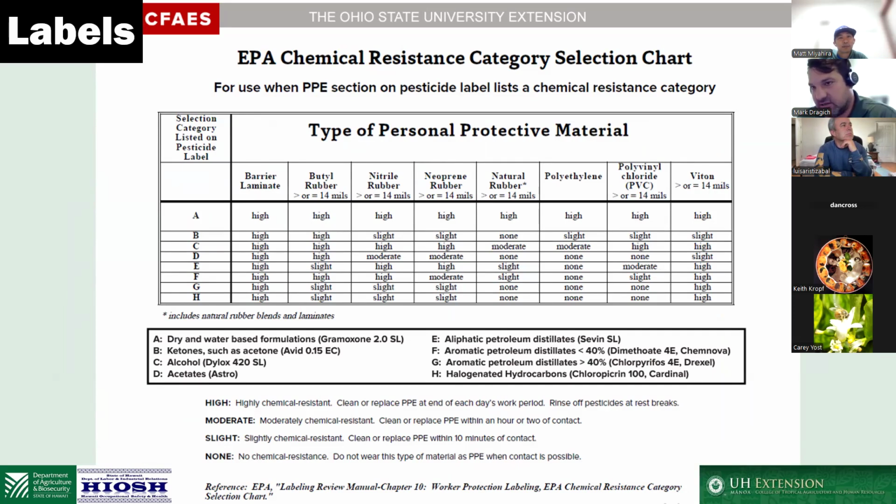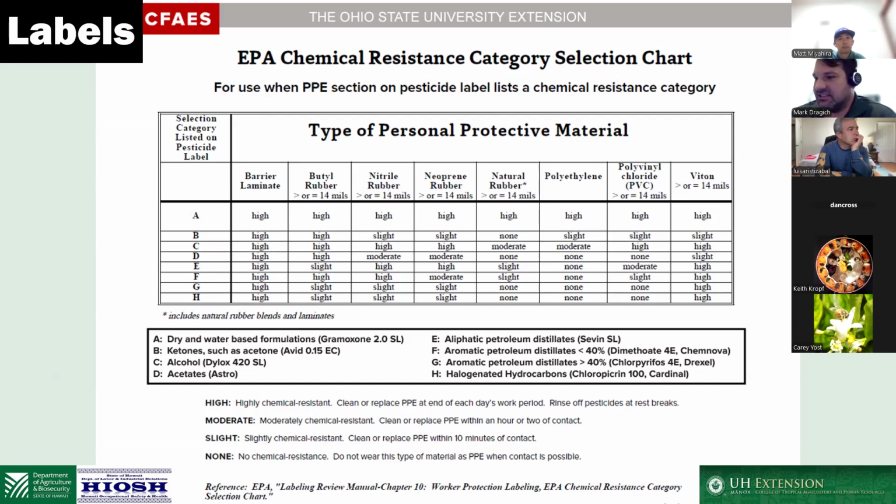So they'll say in a PPE section in a label what chemical category your gloves need to be resistant to, or they'll give you specific materials in specific thicknesses. So you'll often see, just as an example, it'll say category A, materials including barrier laminate, rubber butyl, 14 mils or more, nitrile rubber, and so on, right?